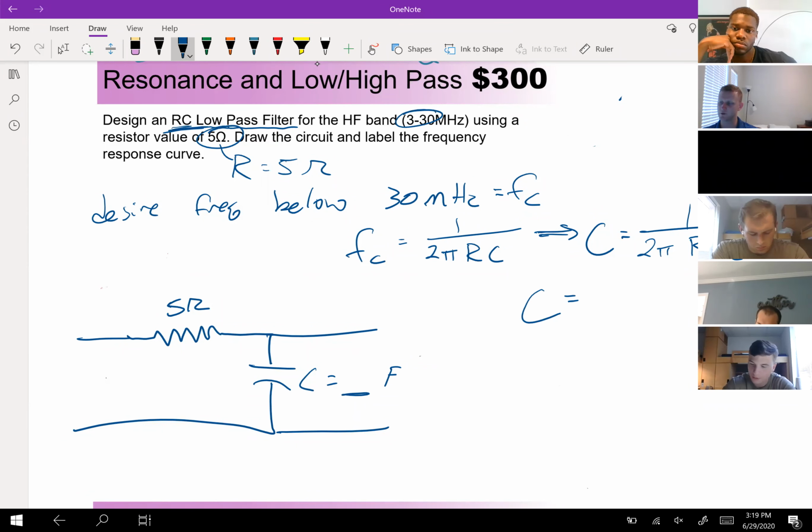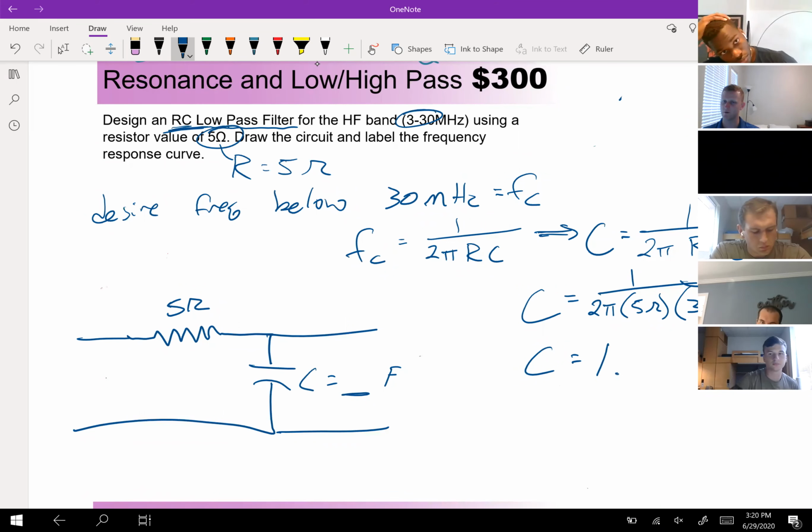And C is 1 over 2 pi, 5 ohms, 30, and I'll write E6 because that is mega. So just as a reminder in your calculator, that's how you need to write it in. 30 E6, E being the times 10 to the, and C equals 1.06 nanofarads. So right here, 1.06 nanofarads.